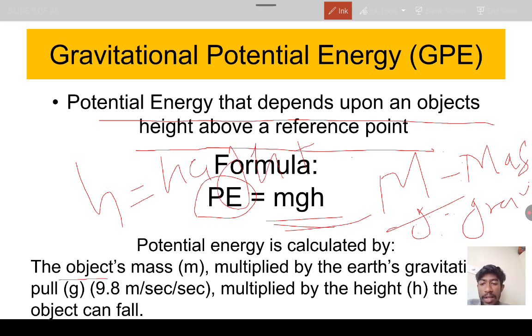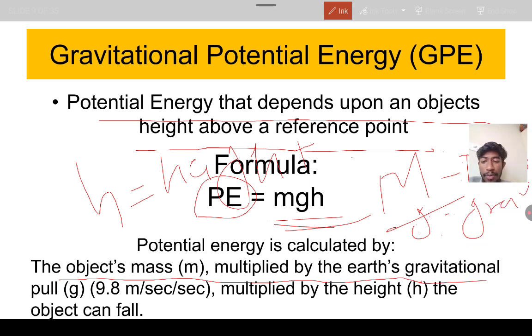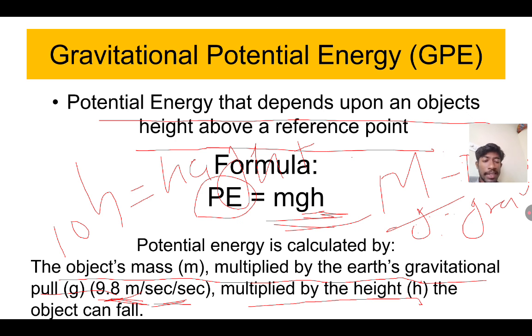So this is the object's mass multiplied by Earth's gravitational pull, g equals 9.8, or you can always take it as 10 for easy calculation, multiplied by the height, h. Objects can fall. So you got to know about gravitational potential energy.